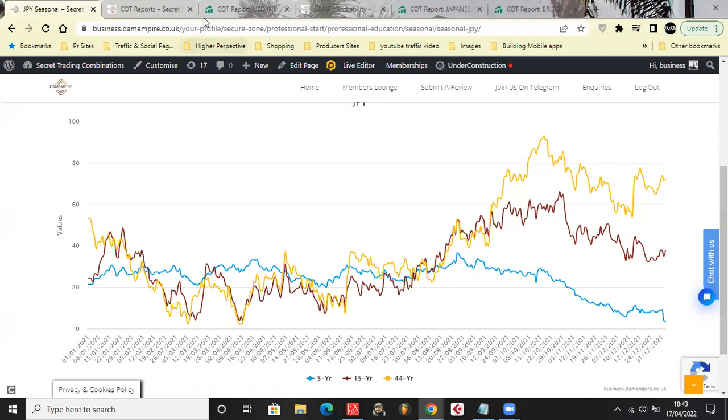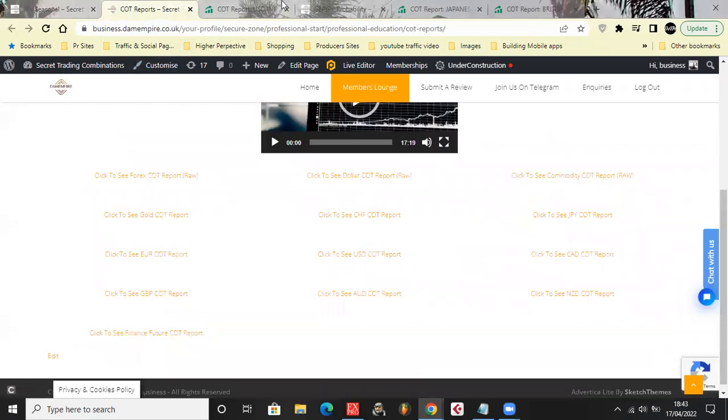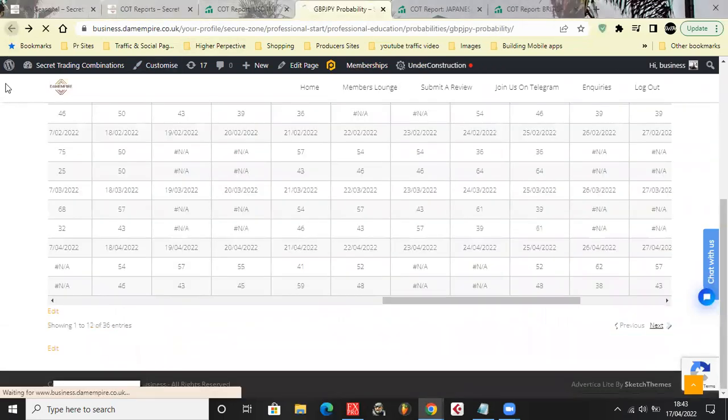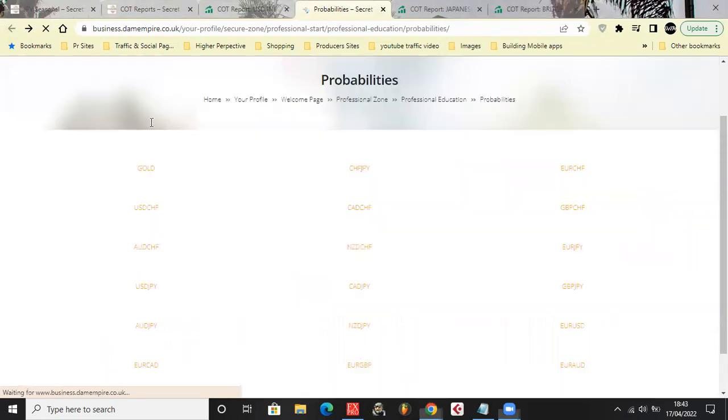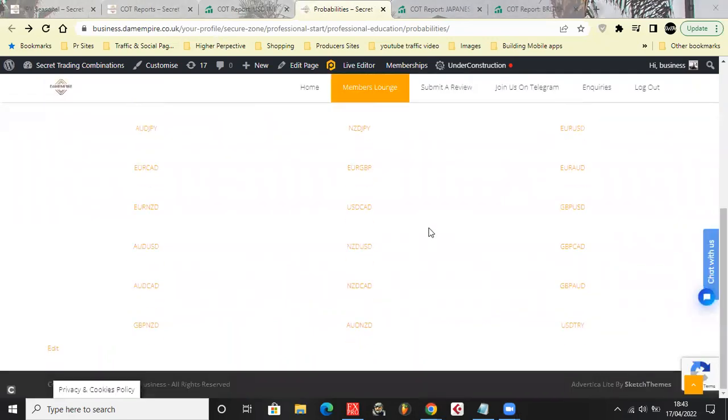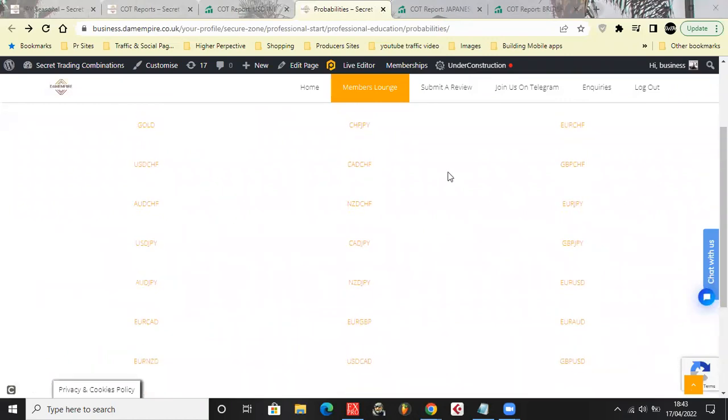Let's check GBP USD. If we check the probability of GBP USD, because we know USD is already going short, yeah, might stick to GBP pair. Where's GBP USD?